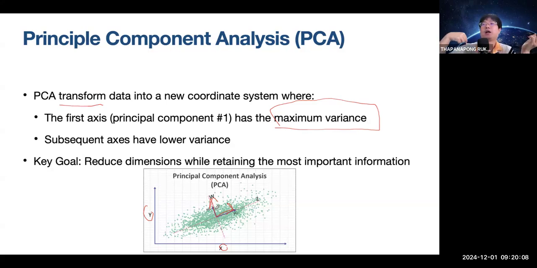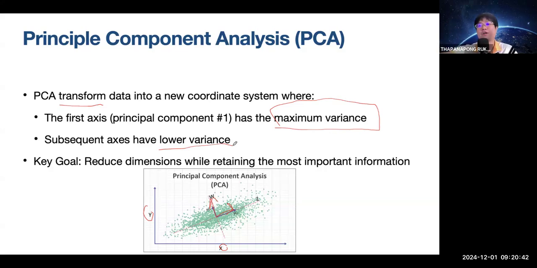And then the next axis would be the one that is perpendicular to the first, and then you repeat the same process, right? If you want the second dimension, you have your first dimension, you look at all of the axes that are perpendicular to the first, and then you pick the one that has the next maximum variance. So each of the axes that you add is going to have a lower variance, in decreasing order.